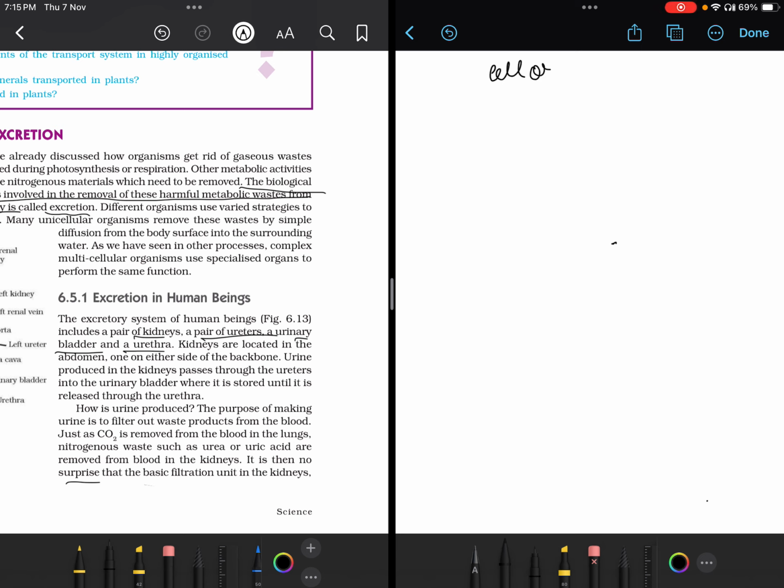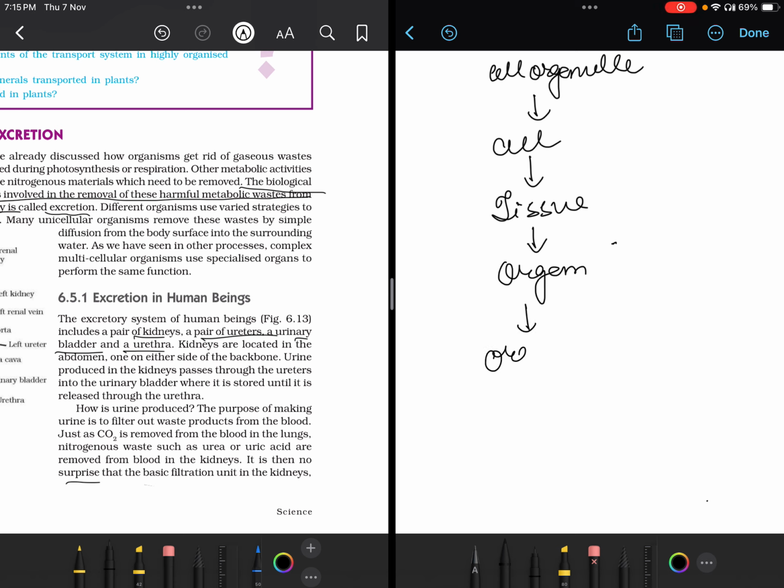Cell organelle, cell, tissue, organ, organ system. So this organ system includes various organ systems.